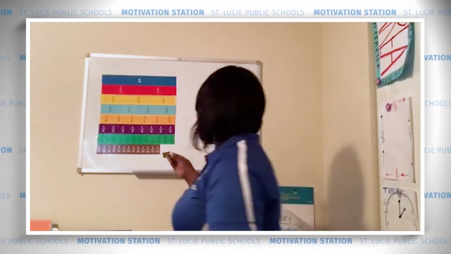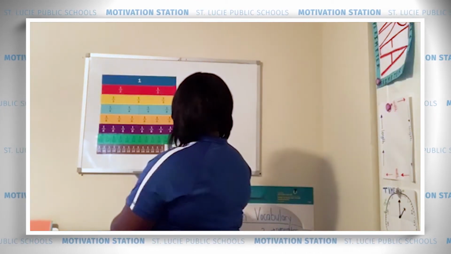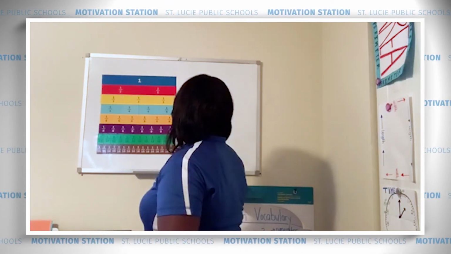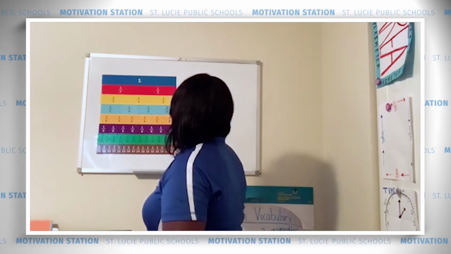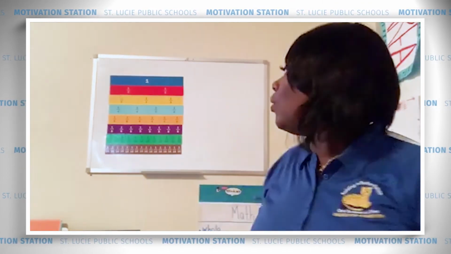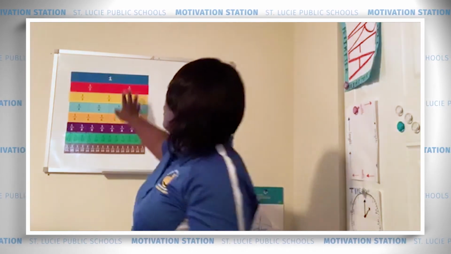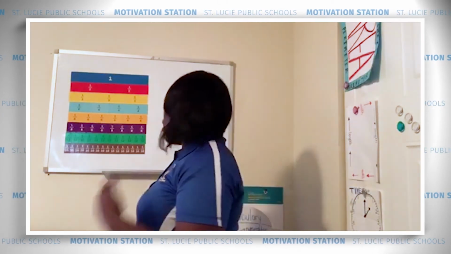You need all 4 of the fourths to match the length of the one whole part. What about the 6ths? You need all 6 of them. 8ths. 8 eighths is equivalent to one whole. 12ths. How many 12ths do you need to match the length of one whole? You need all 12 of them. 12 twelfths. And 16ths. How many 16ths are equivalent to one whole? All 16 of them.